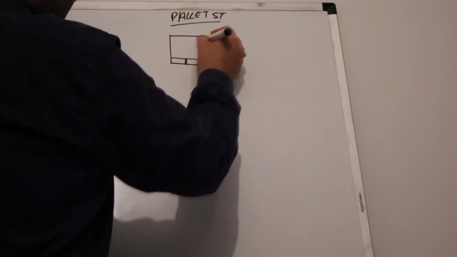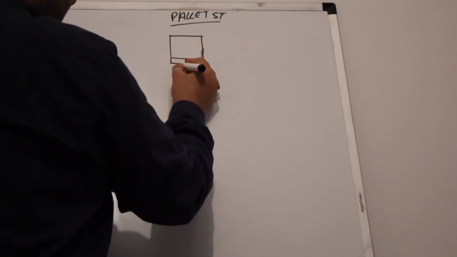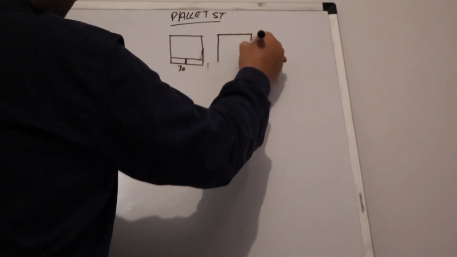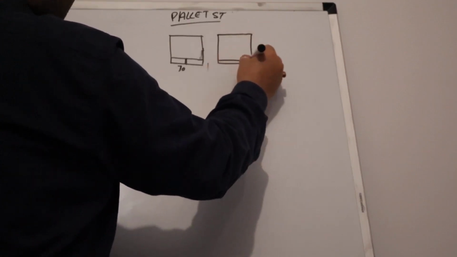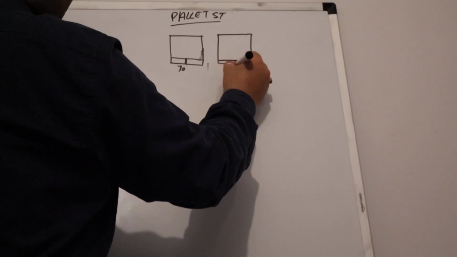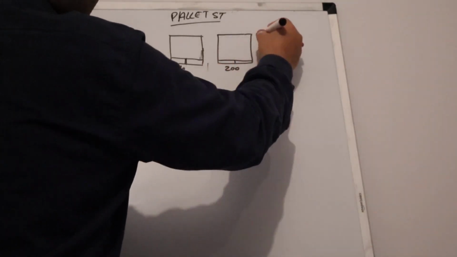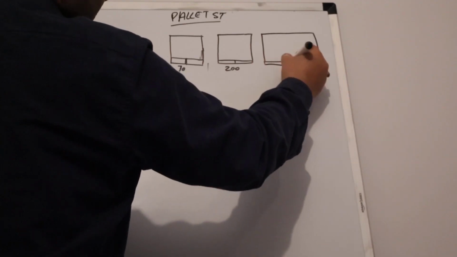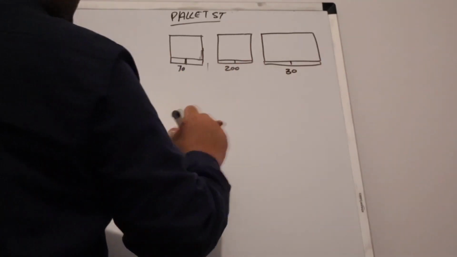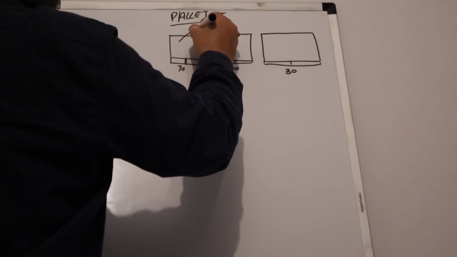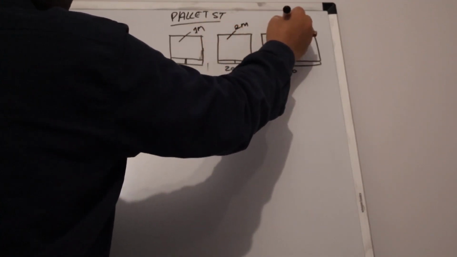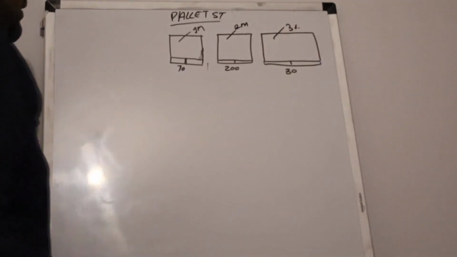Suppose I have 70 quantity of this kind of handling unit, 200 quantities of this kind, and 30 quantities of this kind. Suppose this is 1 meter, this is 2 meter, this is 3 meter of width.